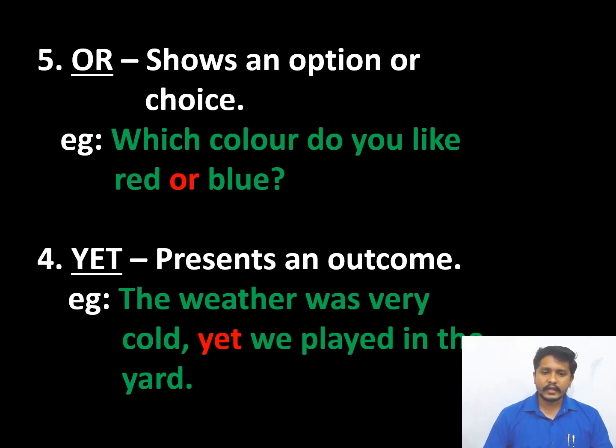Now the sixth one. It's yet, it presents an outcome. The weather was very cold, yet we played in the yard. So remember, there also I used a comma because these two are independent clauses.